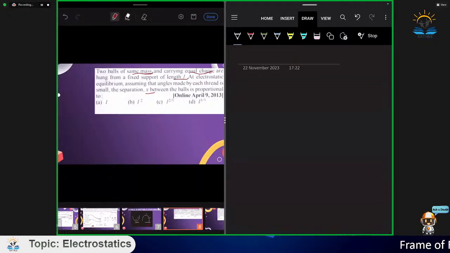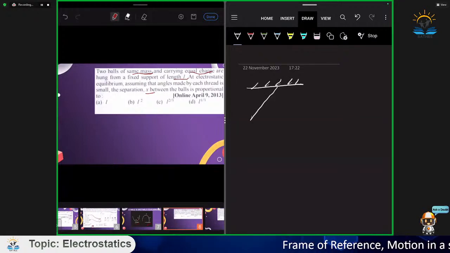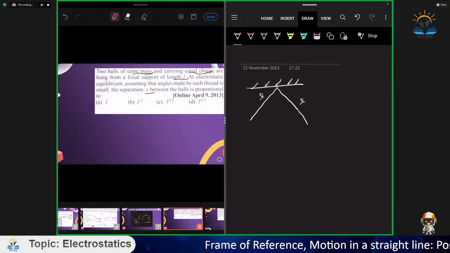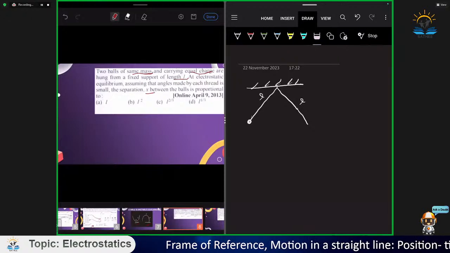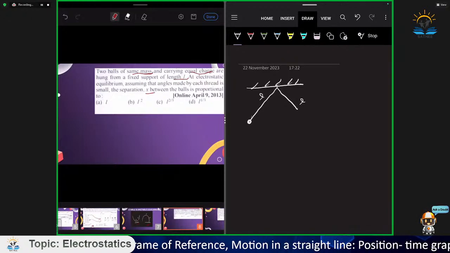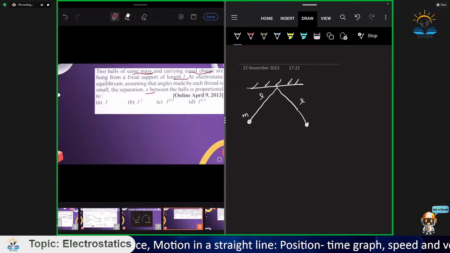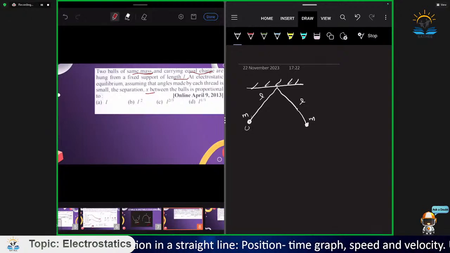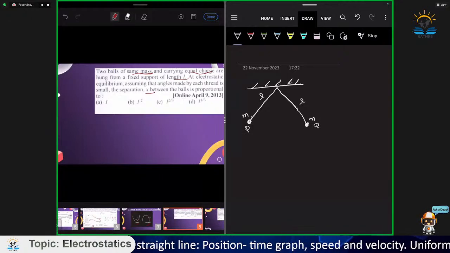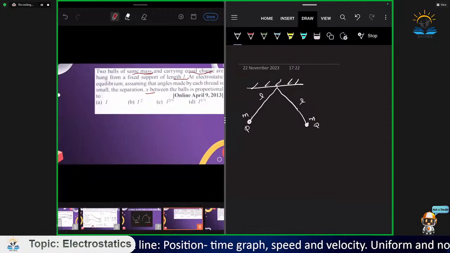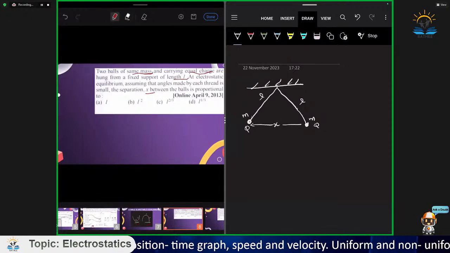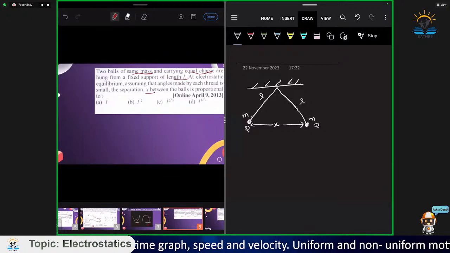Again, a very easy question. This is the condition. We have two masses, same mass and same charge. The distance between the charges is x.